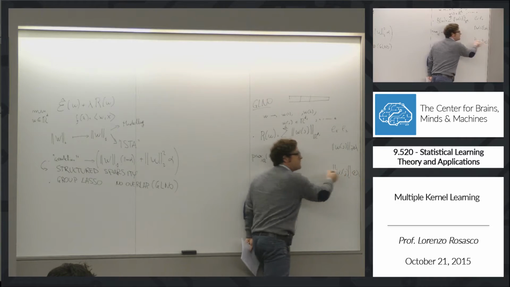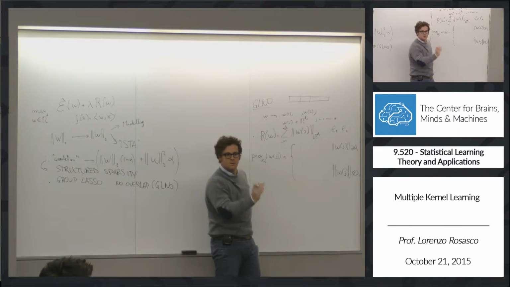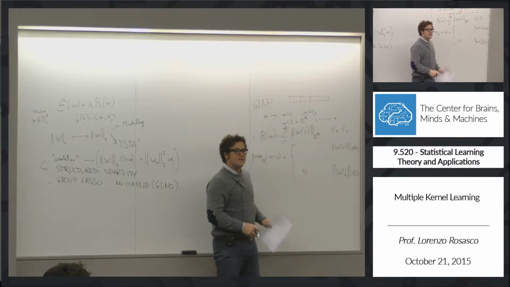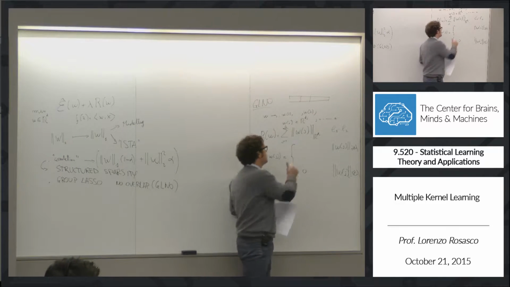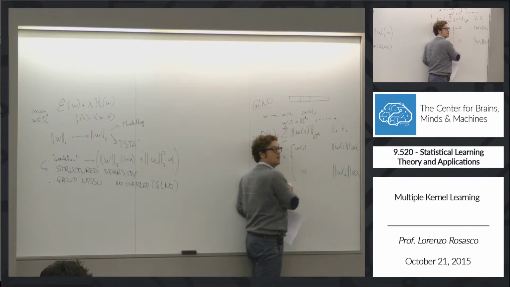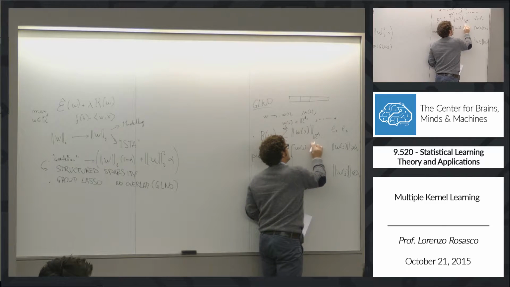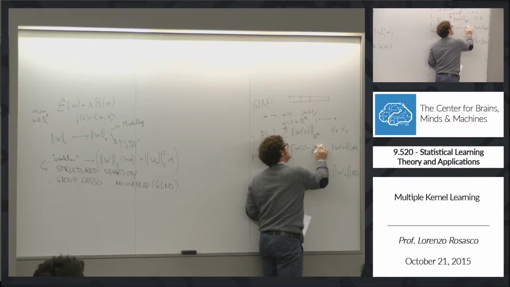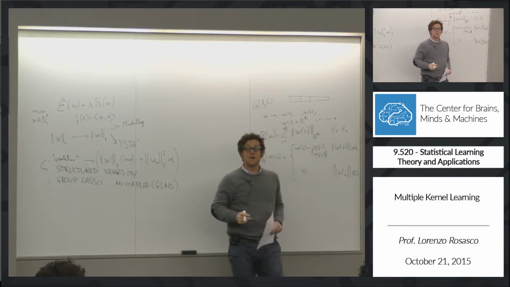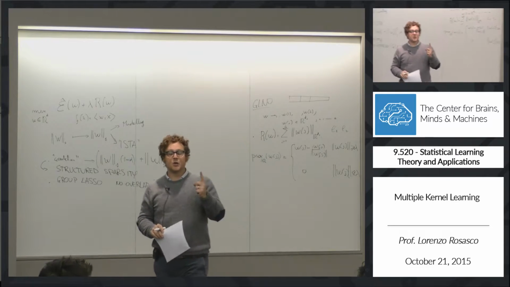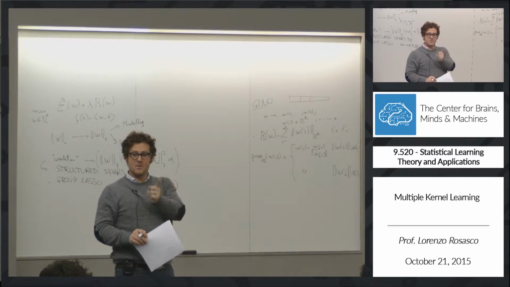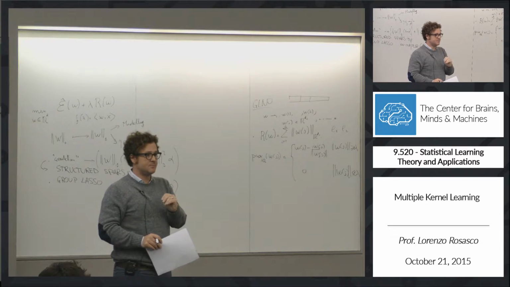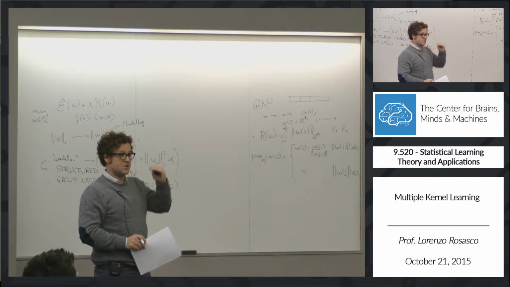And then what do you do? If it's small, zero it out. If it's big, well, in principle, you would like to keep the vector. But what you really do is that you actually subtract this quantity. Okay? If you assume that the groups are each of dimension 1, this is simply L1 minimization.